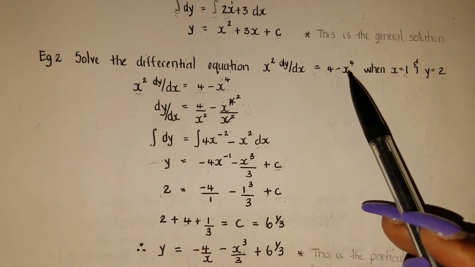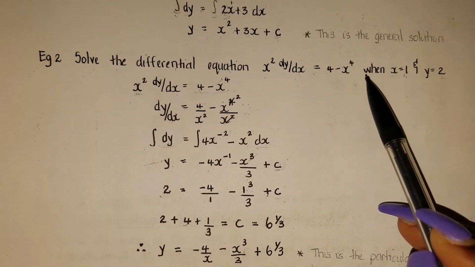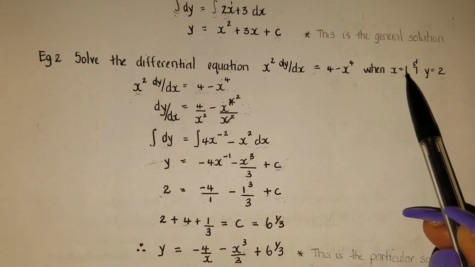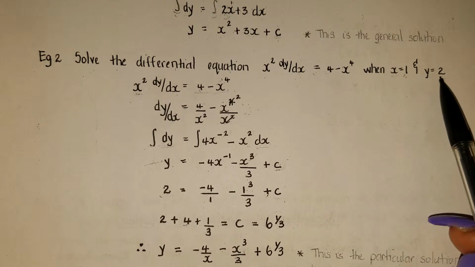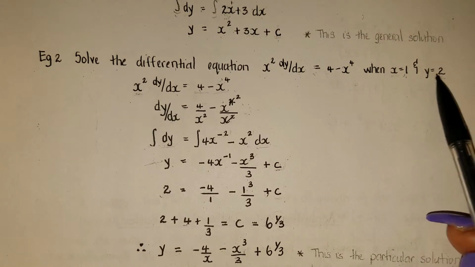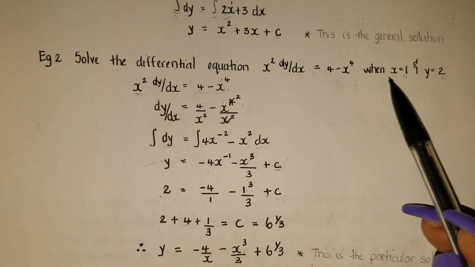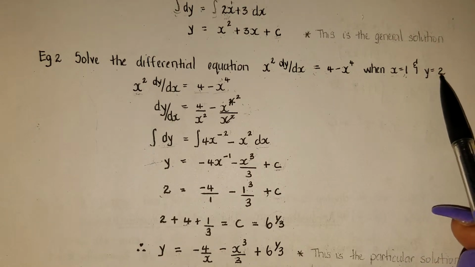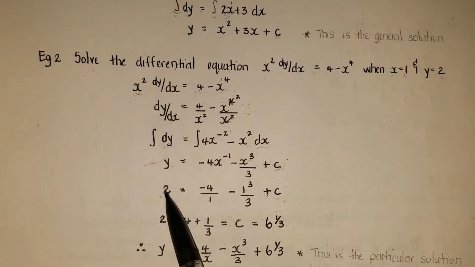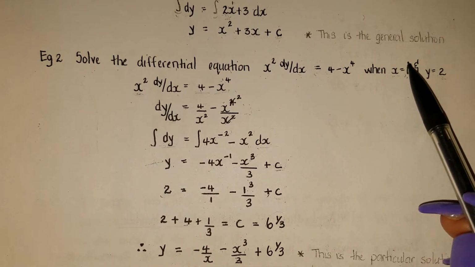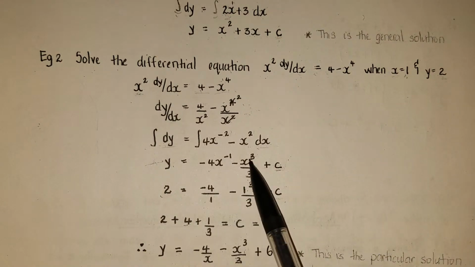Now we were given some particulars in our question. It says that x is equal to 1 and y is equal to 2. So we will substitute these values in their corresponding locations. Since y is 2, we'll plug a 2 in this location, and we'll also plug 1 wherever we have an x.